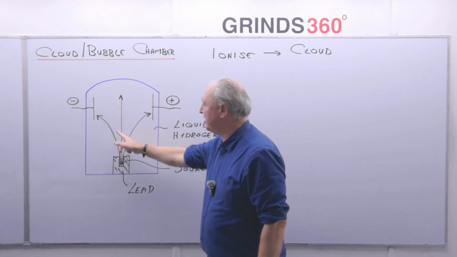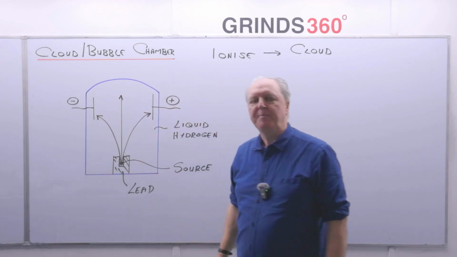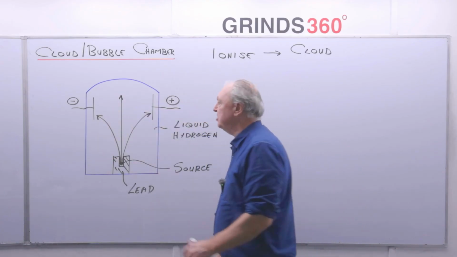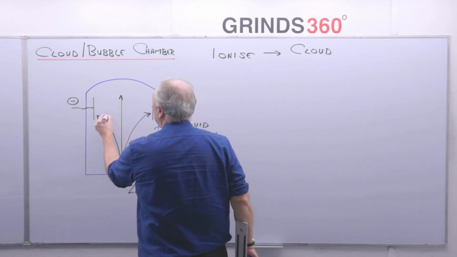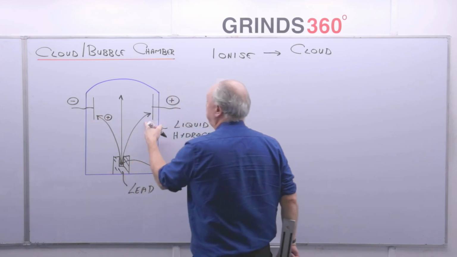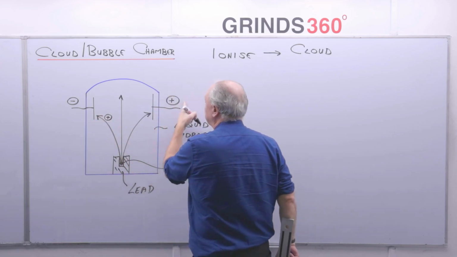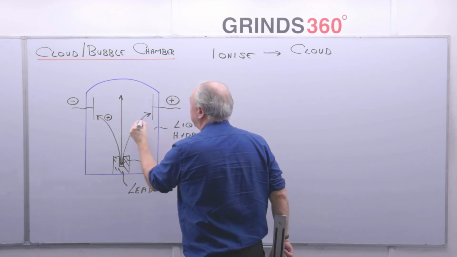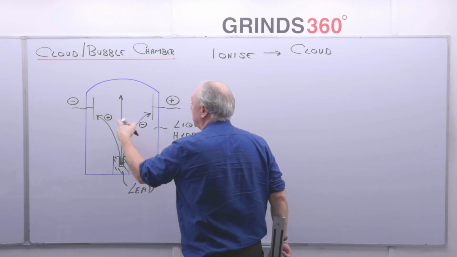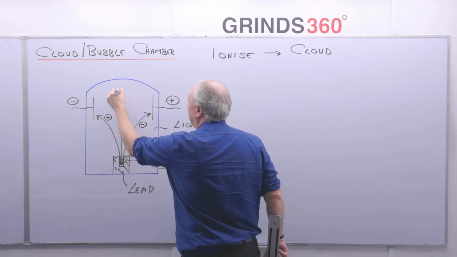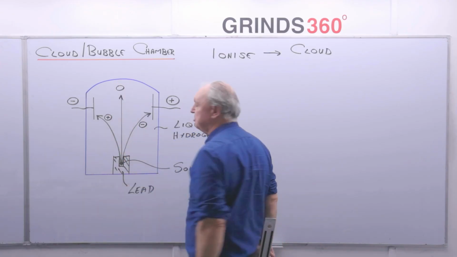The ones that got attracted towards the cathode must be positive to be attracted by the negative cathode. And these particles here were attracted by the anode. They must have been negative. So you had negative particles, positive particles, and particles with zero charge.